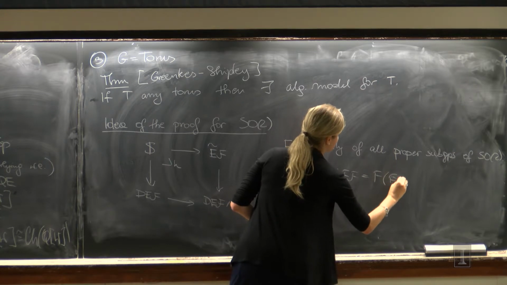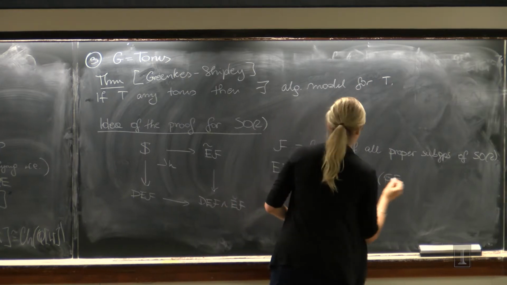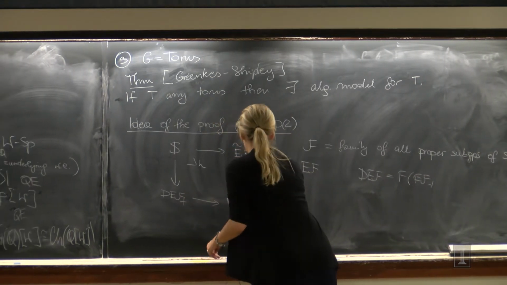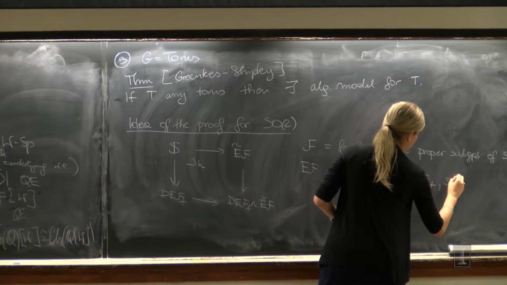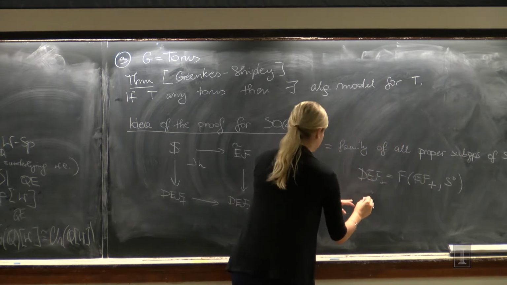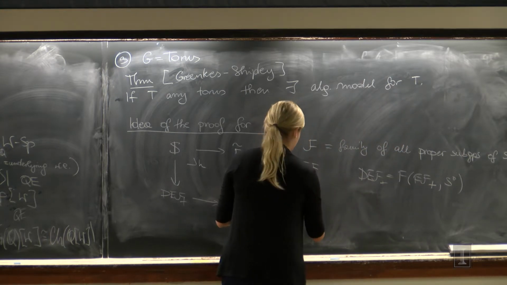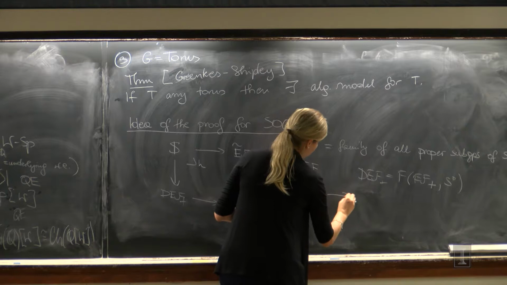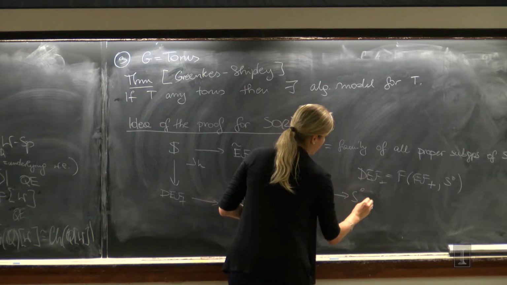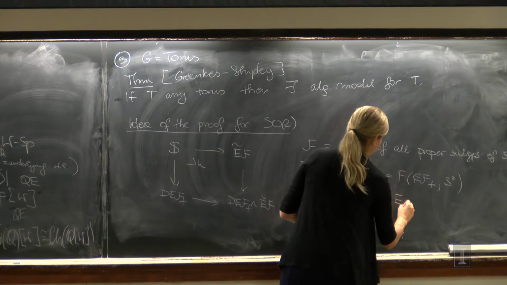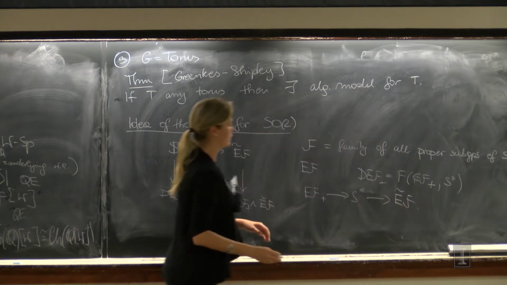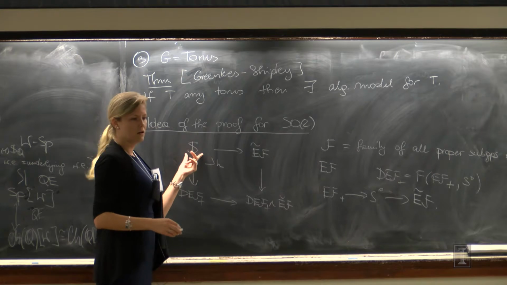So the function classes EF plus into S naught, the sphere. And if I have EF plus, I can map it down to S naught, and I can take the homotopy cofiber of that, and that's what is called E tilde F. Okay? A splitting of a sphere.